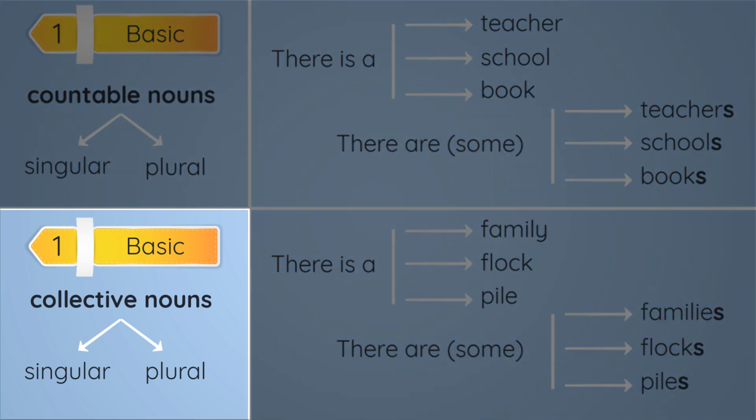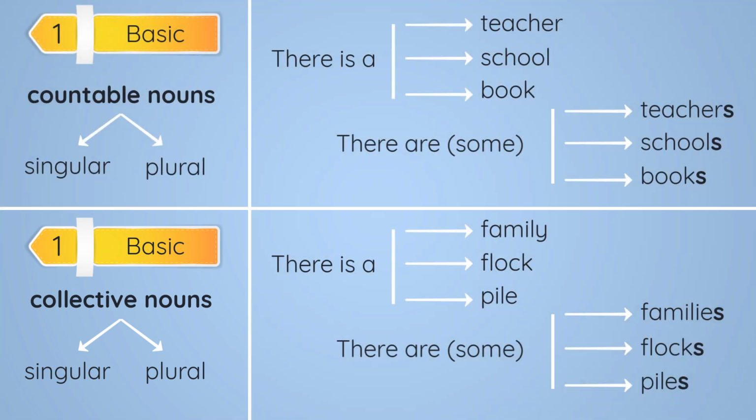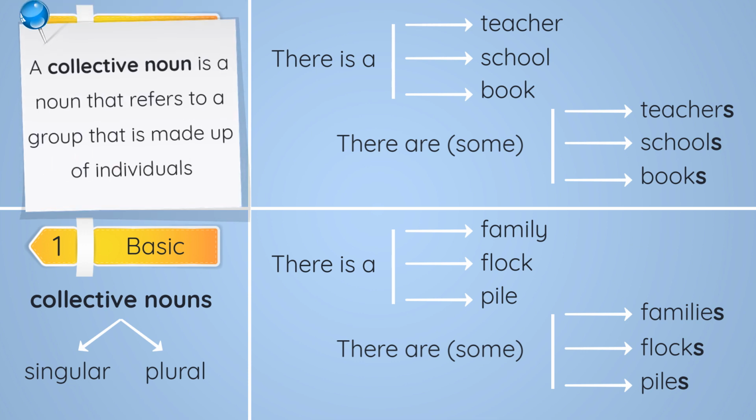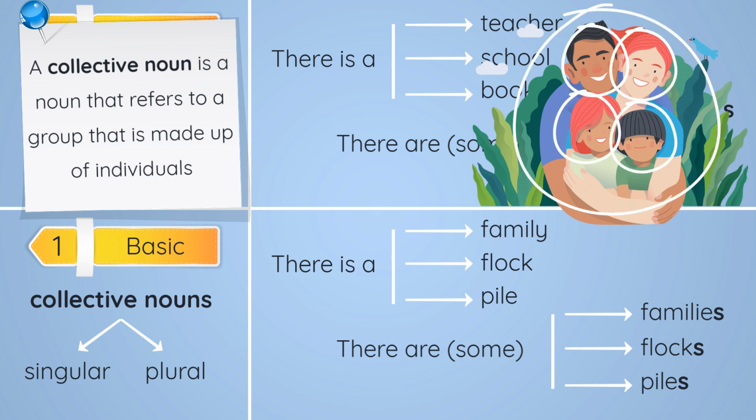Let's look at another slightly more difficult, but still basic situation. This is when after there is or there are, we use a collective noun. A collective noun is a noun that refers to a group that is made up of individuals. Okay? For example, there is a family at the park. A family is made up of individual members, but the word describes the entire group, so that's called a collective noun.